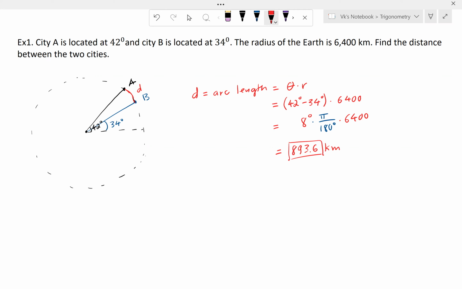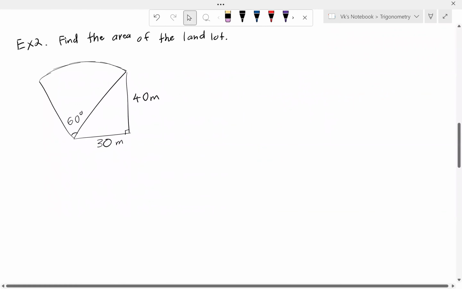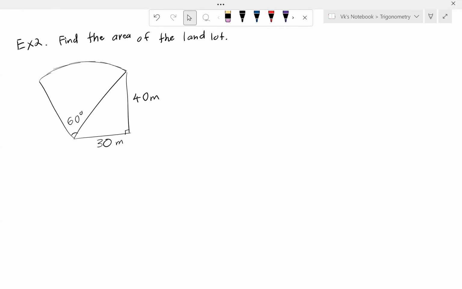Let's take a look at example 2. Find the area of the land lot. We do have this land lot because what happened is that sometimes the land runs a border with the freeway.